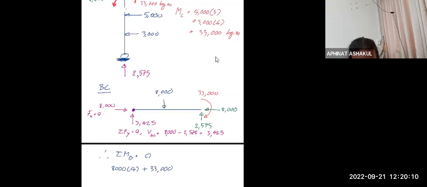Or maybe I should change the color. There. Okay. And then you have that VBC, or VCB, I'm sorry, which is going up. So it's in a different direction: 2575 multiplied by 8.